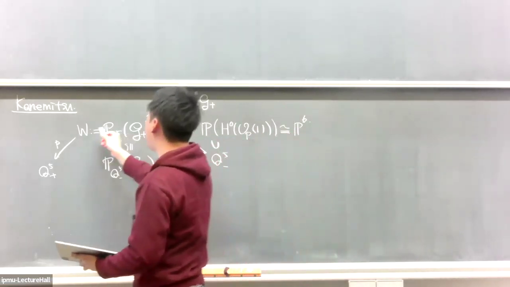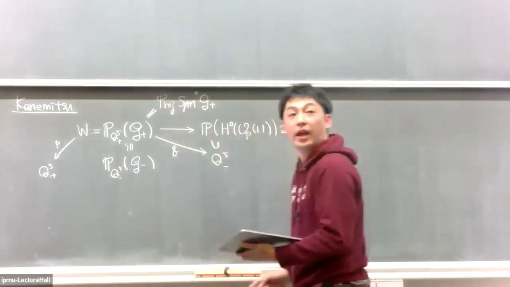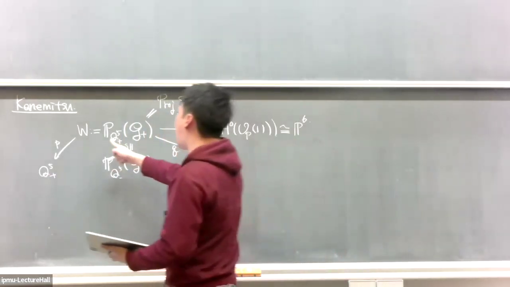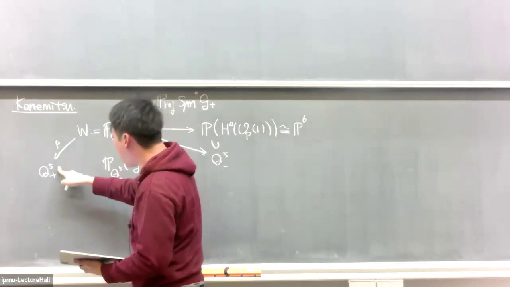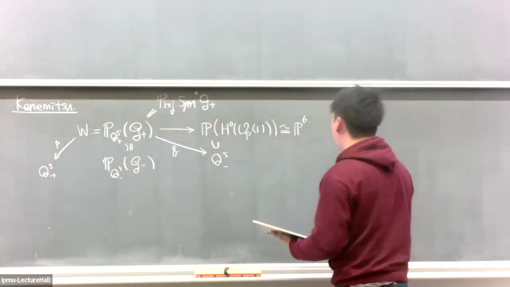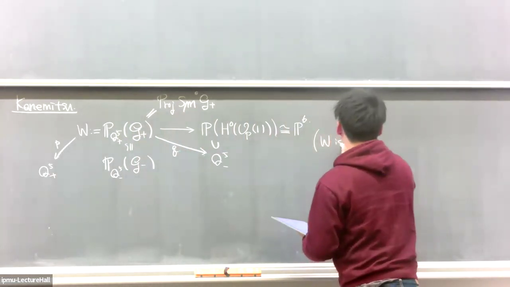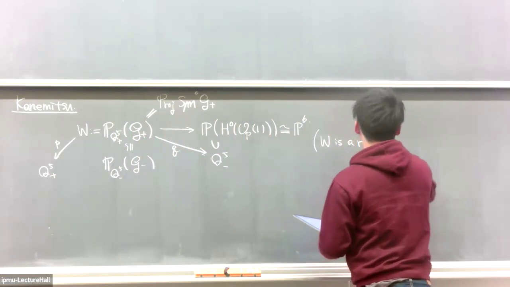So we found two projective bundle structures on this W, and this variety admits two different Pn bundle structures for the same n.